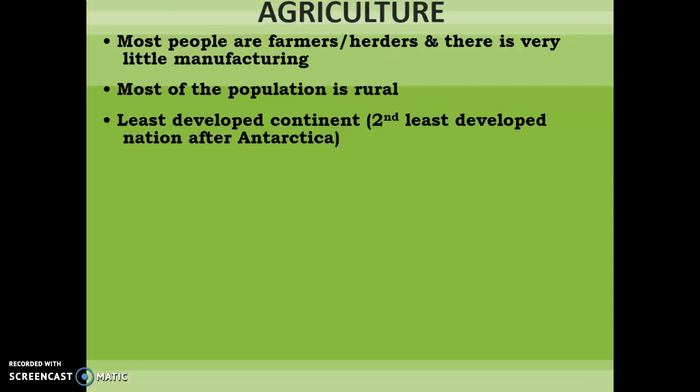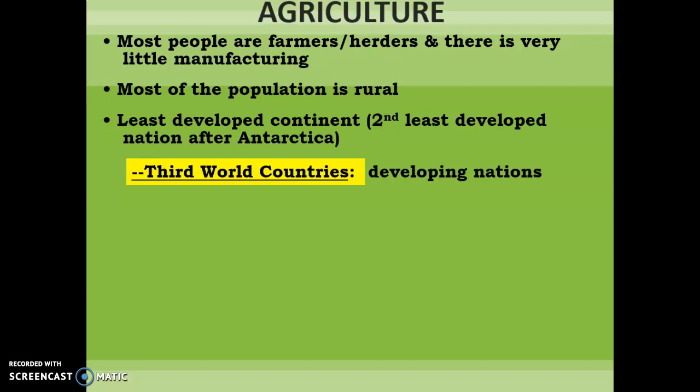Africa is the second least developed continent after Antarctica. And this means that it's actually the least developed continent because obviously Antarctica, not many people live there, scientists and maybe penguins. All right, so third world countries.